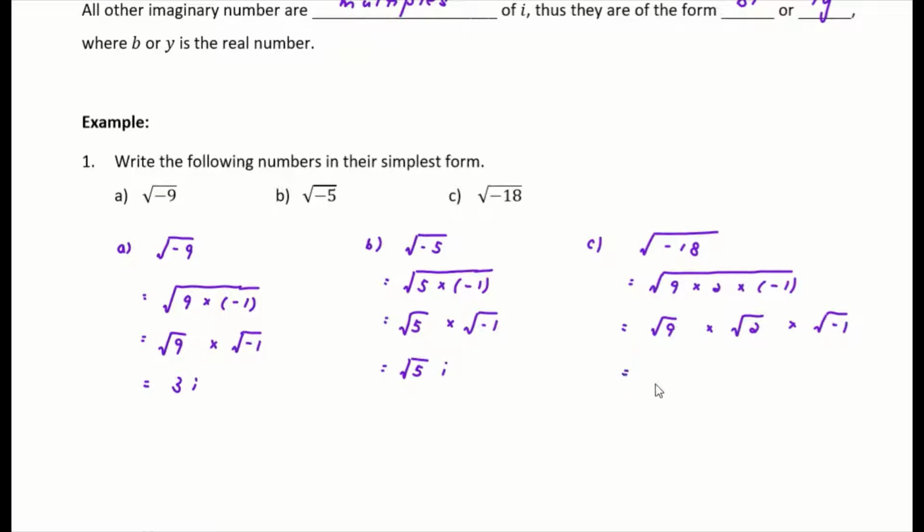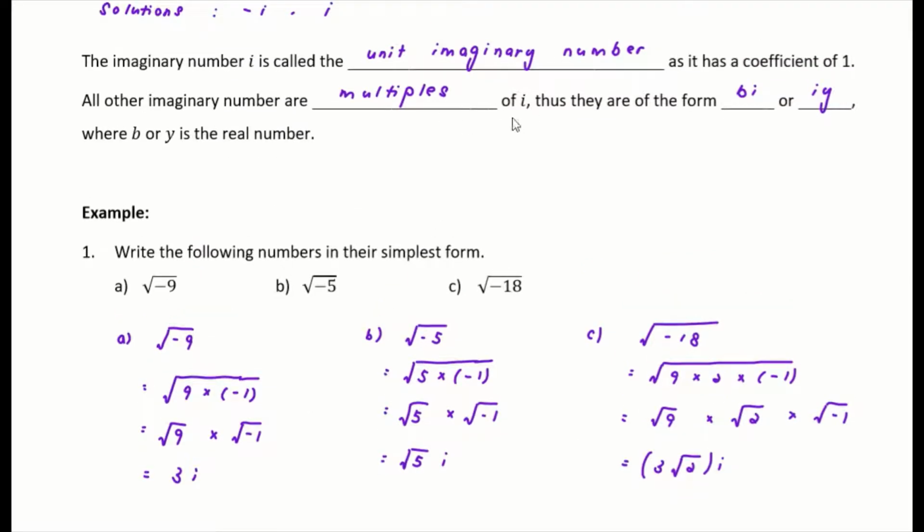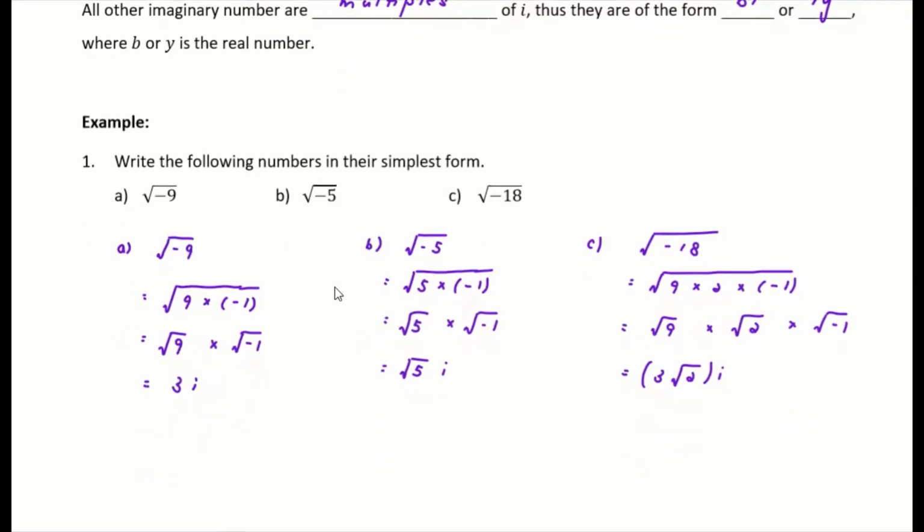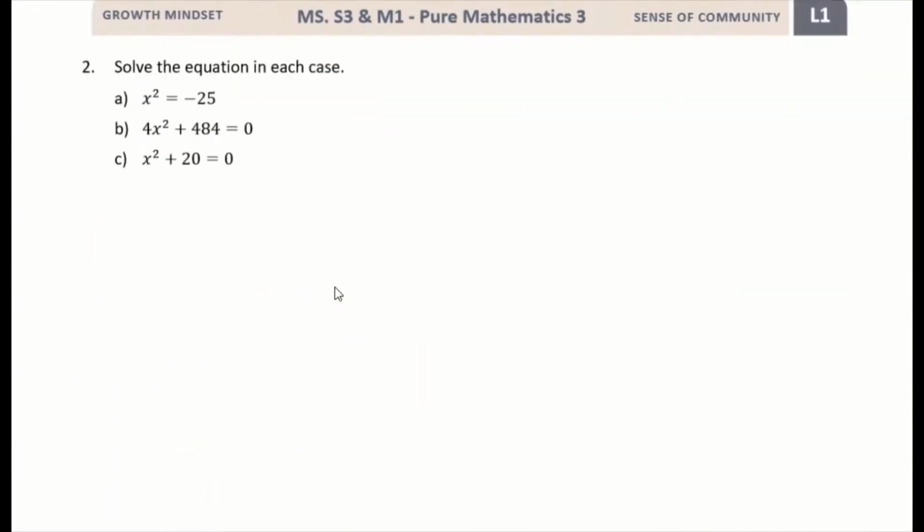When I solve that, I'll have 3 square root 2 i. This is what is meant by the multiples of i. So i is like the basic unit, the unique imaginary number that you have. Any other imaginary number that you want to form is going to be a multiple of i, just as simple as that. So move on to number 2.